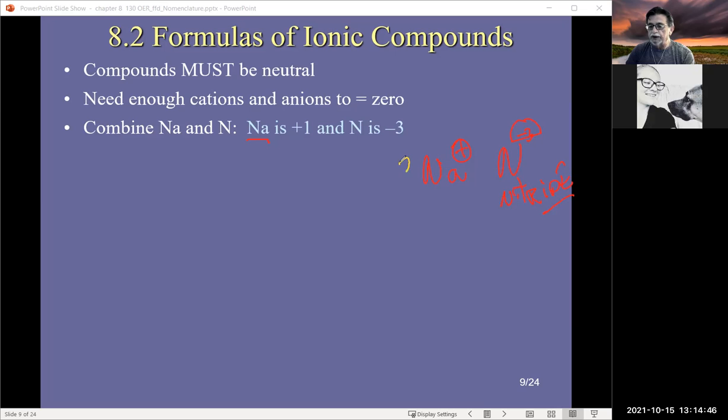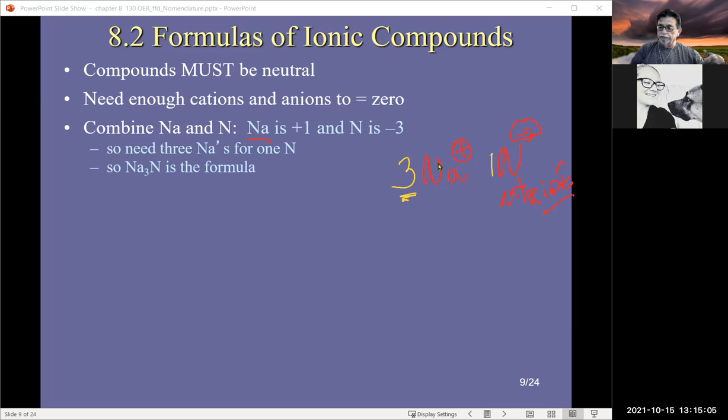So we have 3 positive sodium ions for every 1 nitride. That 3 becomes the subscript for sodium. So the formula is Na3N, and its name is sodium nitride. Remember, the metal doesn't change its name. Sodium remains sodium, whether it's an atom, an element, or an ion.